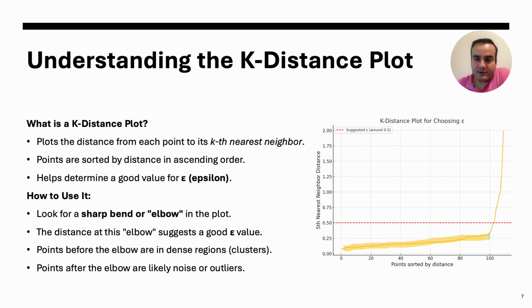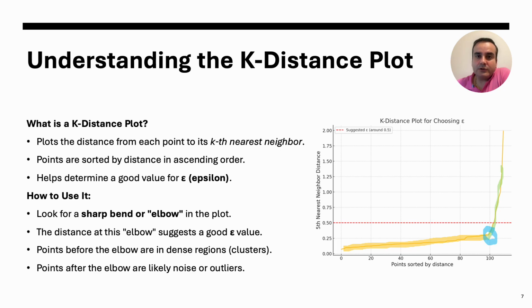Then suddenly the distances shoot up. This marks the transition from dense regions to isolated points. The sharp bend, often called the elbow, suggests a good choice of epsilon.